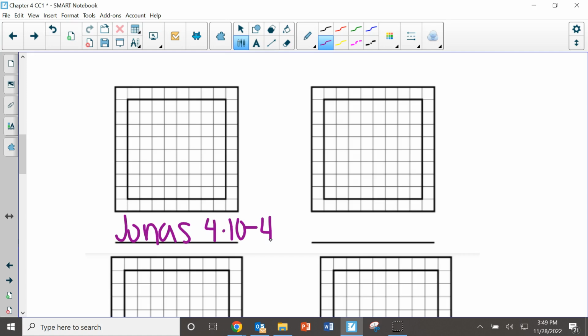What he did, and I'm going to get a highlighter here, he multiplied each side. He said, okay, there's 10 in one side, and there's 4 sides, so 10 times 4, but he remembered these corners overlap. So I need to get rid of these corners in my total for how many tiles are in my frame.